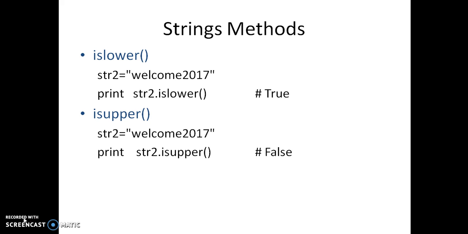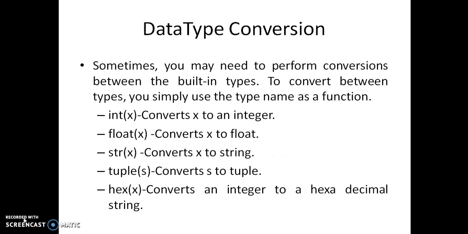Okay. Next we move on to data type conversion. This is required to convert one data type of value to another data type. Sometimes we need to convert one type of value to another type.